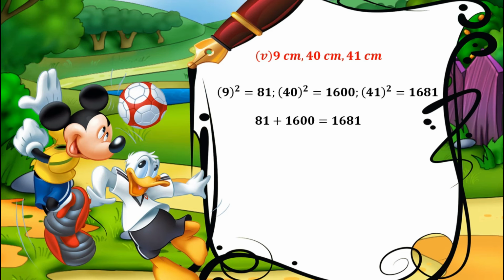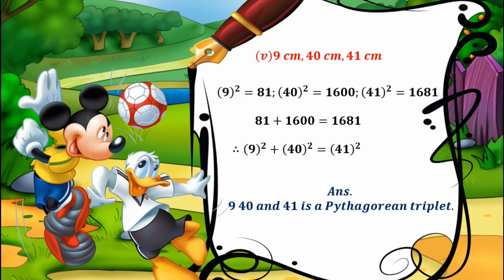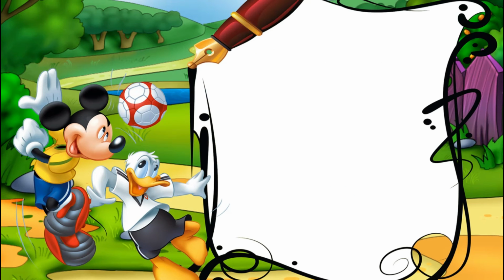So it means that 9 raised to 2 plus 40 raised to 2 is equal to 41 raised to 2. It means that 9, 40 and 41 are Pythagorean triplets here.